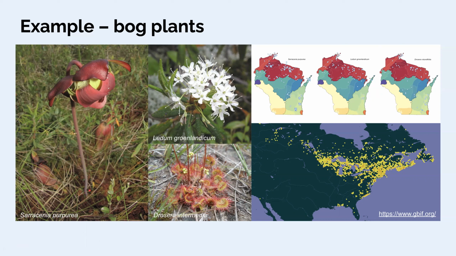So I've shown some examples of species that are characteristic of bogs, and then some statewide distributions of where they've been collected from. And there's some patterns that show up. So bogs are more distributed in the north of Wisconsin, and then a little kind of patchy. This is a little bit of our glacial relic here. The Kettle Moraine system is kind of in this area.